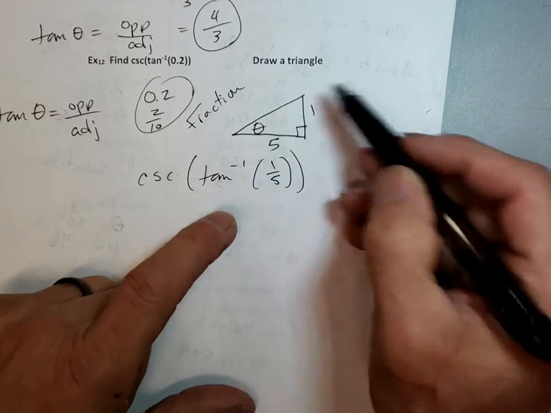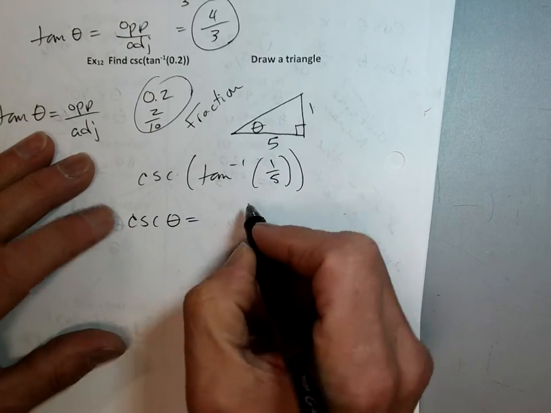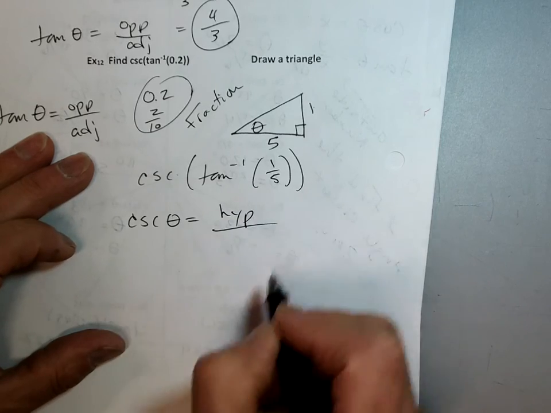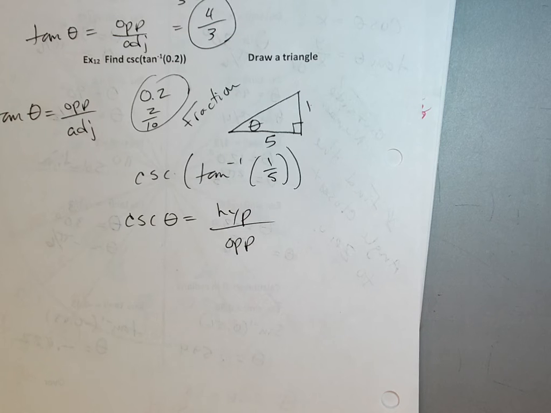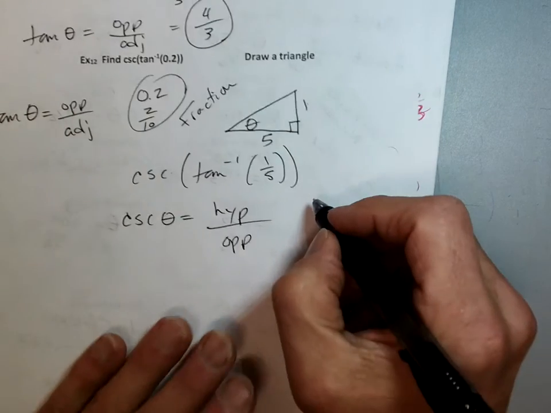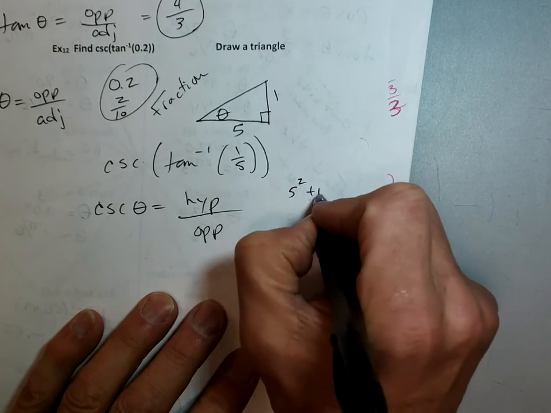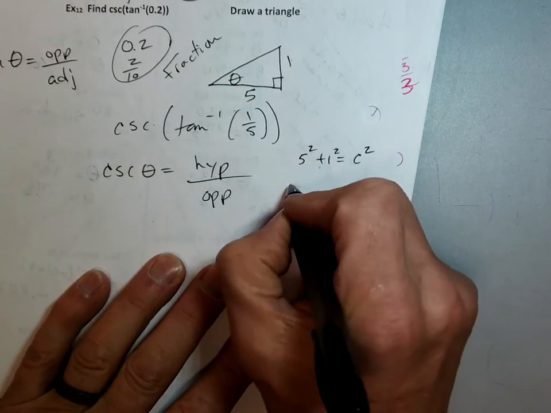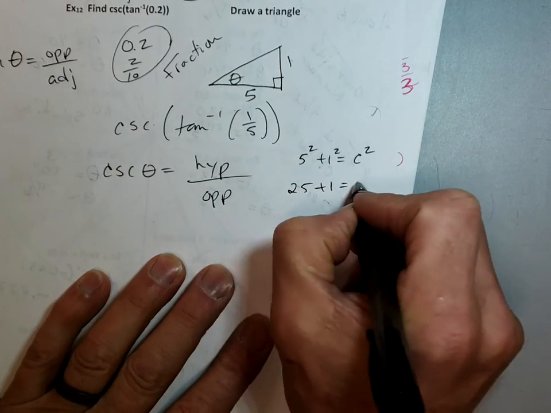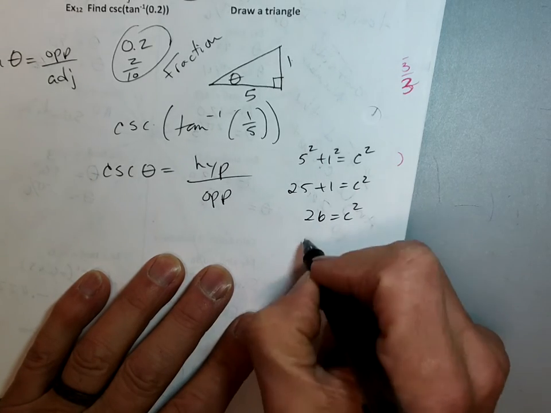Now, I don't know the hypotenuse, and what I know about cosecant of an angle is that it equals the hypotenuse over the opposite. But I can use Pythagorean's theorem, right? So a squared plus b squared equals c squared. 5 squared plus 1 squared equals c squared. 25 plus 1 equals c squared. 26 equals c squared, or c is the square root of 26.